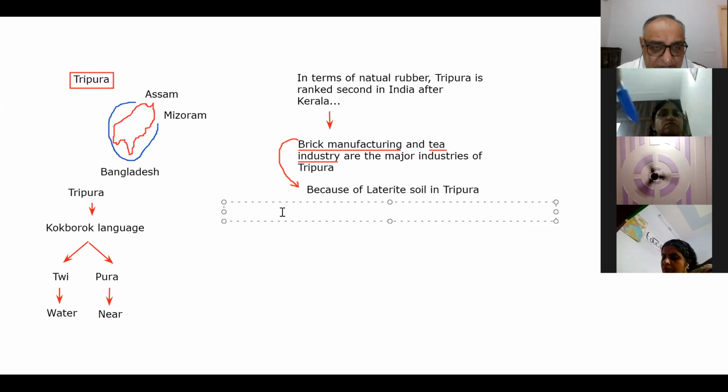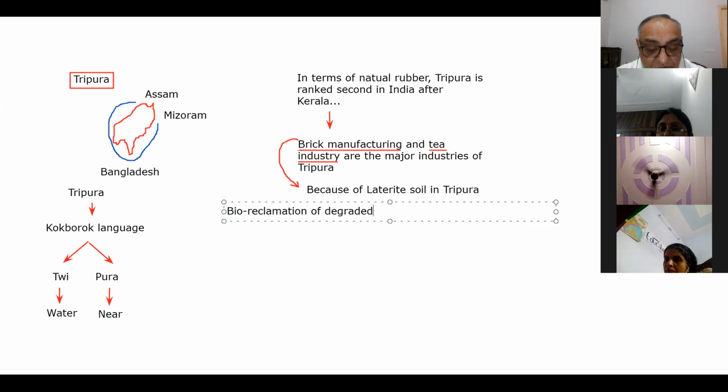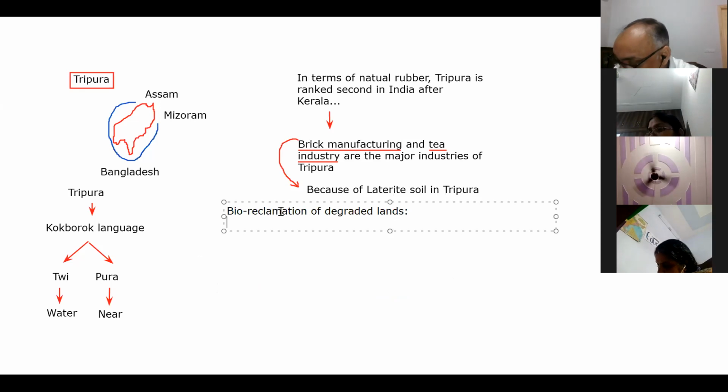So as far as the bio reclamation of degraded lands is concerned, it involves, इसमें क्या क्या चीजें आती हैं?